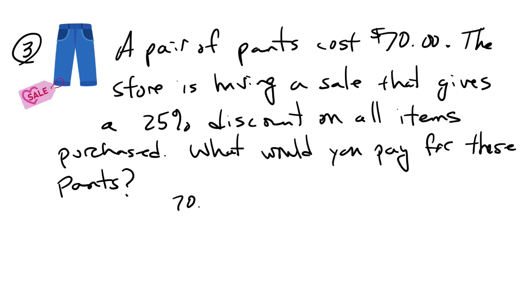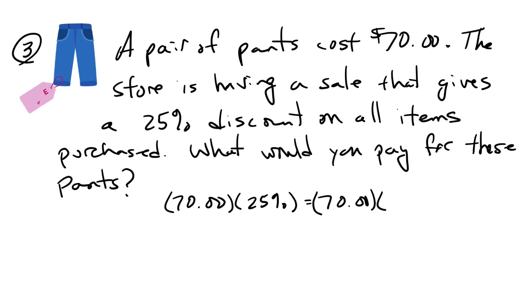So we have to take $70 and multiply it by 25%, which is 0.25. When I multiply 70 times 0.25, I get $17.50. This is the discount.